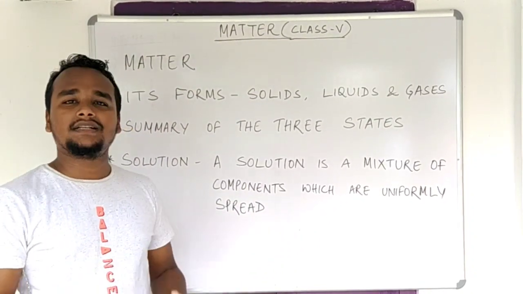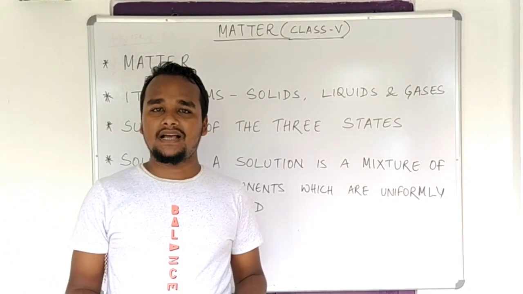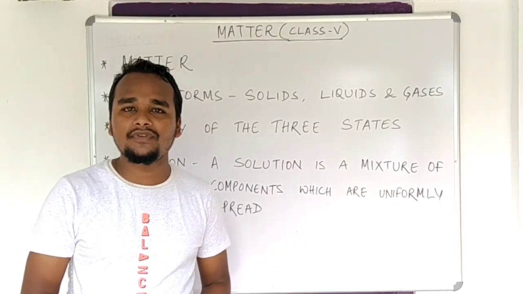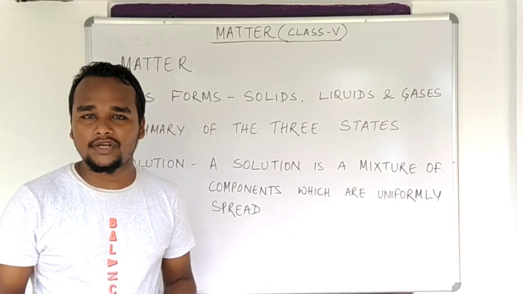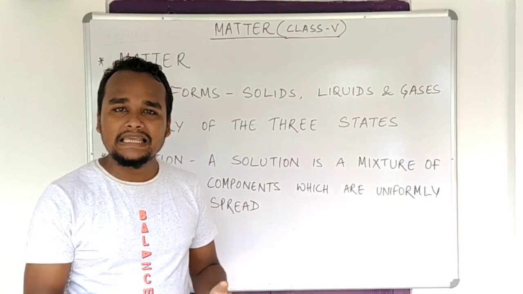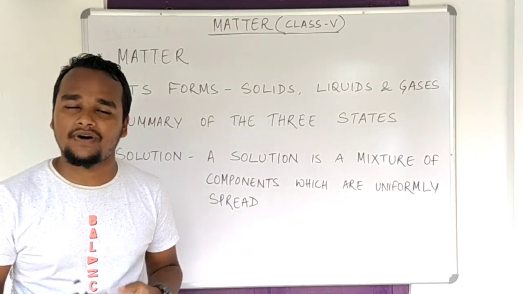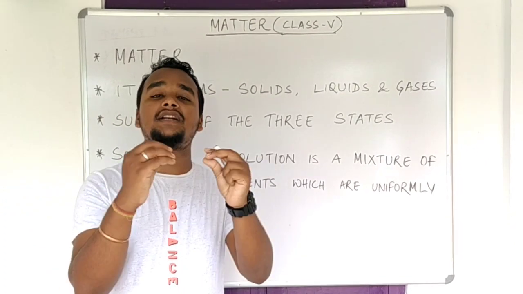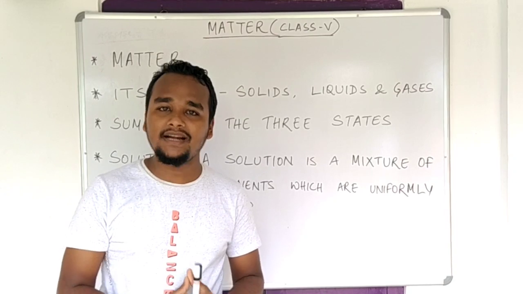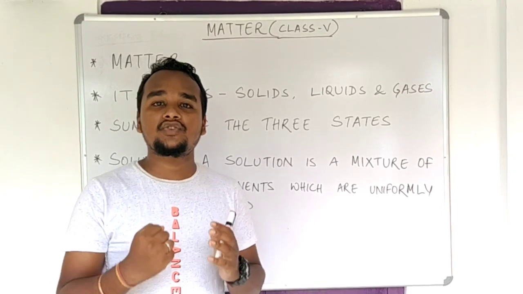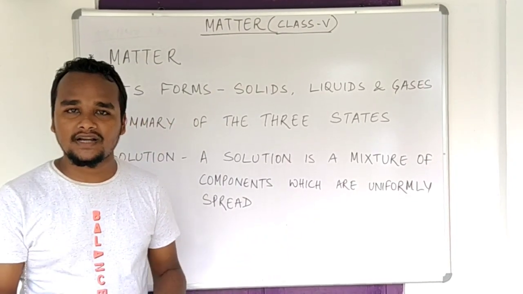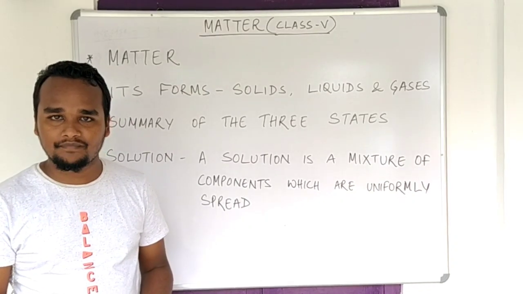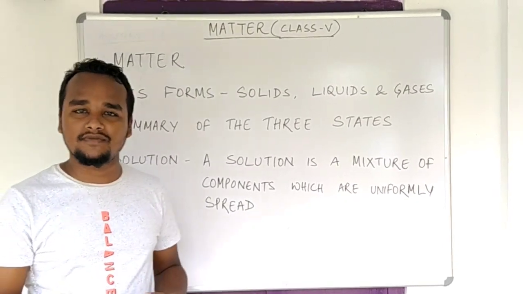We found that each state is different because of the arrangement of the molecules. The molecules inside a solid are tightly packed, and have strong intermolecular forces of attraction between them. This is what we studied in case of solids.